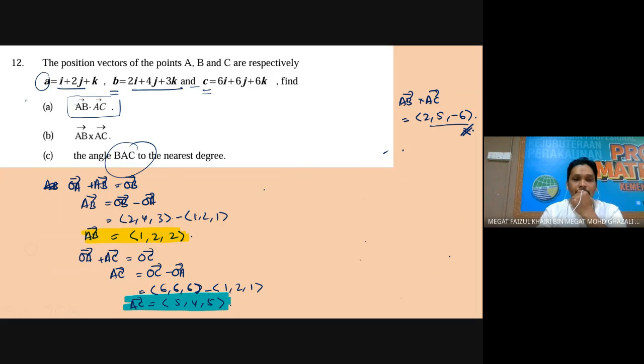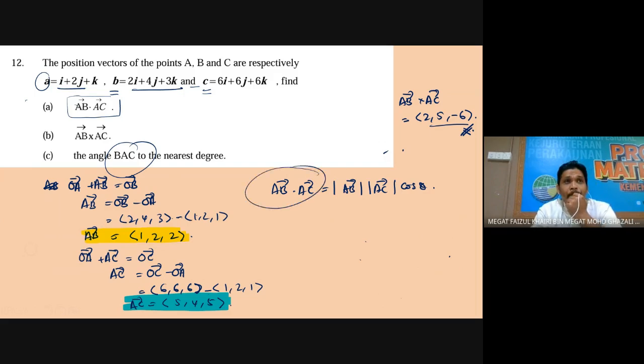For BAC we use AB dot AC equals modulus of AB times modulus of AC times cos theta. Okay, what is the value of AB dot AC just now? What is AB dot AC?